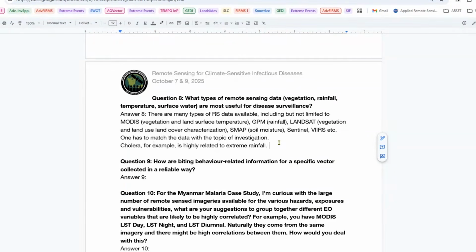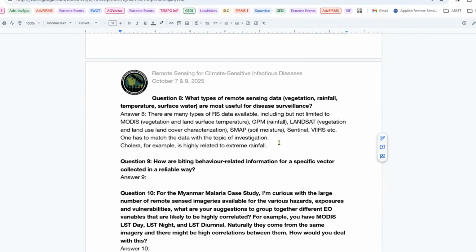If we're talking about mosquitoes, then again, we're going back to temperature, surface water availability, moisture, landscape moisture holding capacity. Those are becoming the more dominant issues. So it really depends on how you start conceptualizing and prioritizing your data sets and parameters based on the disease you're trying to address. That will determine everything.